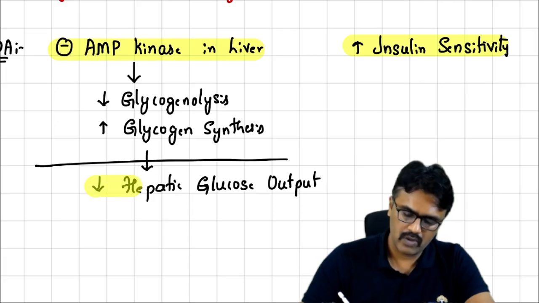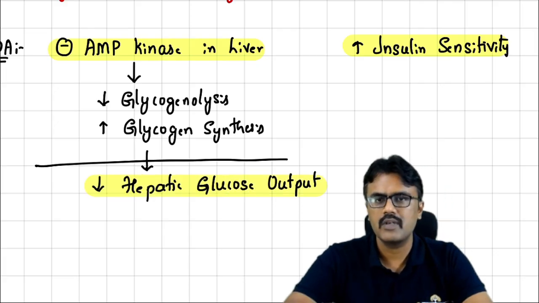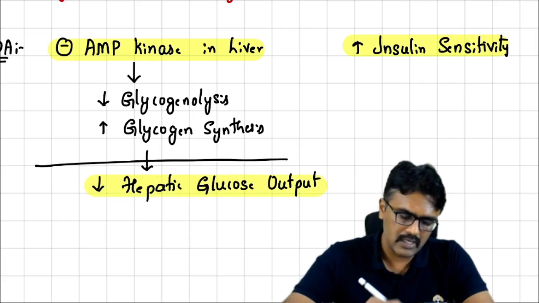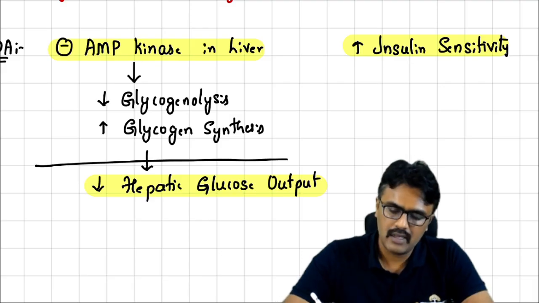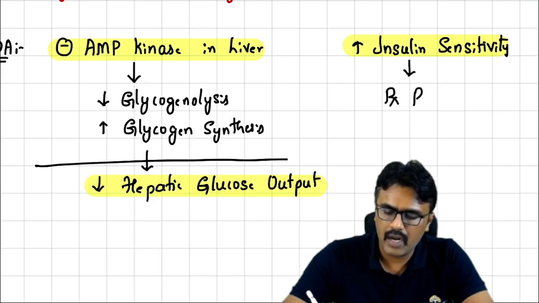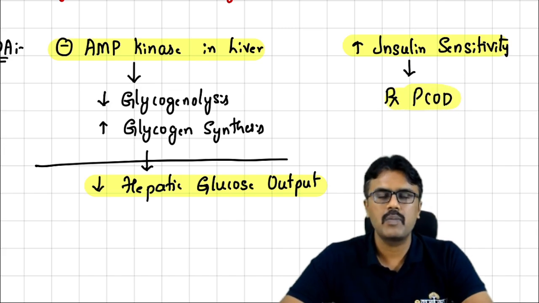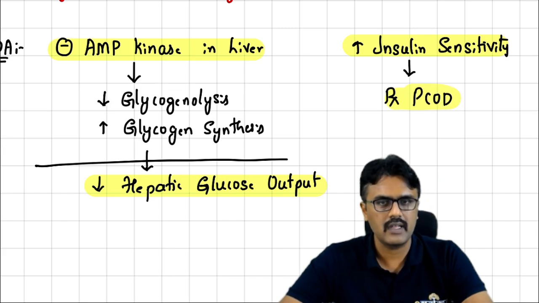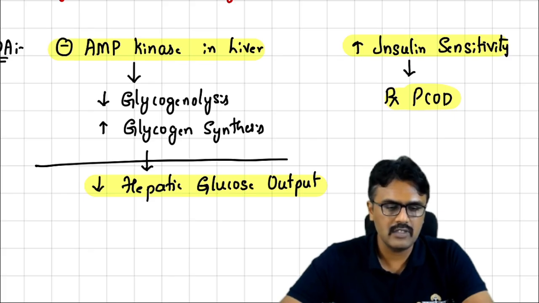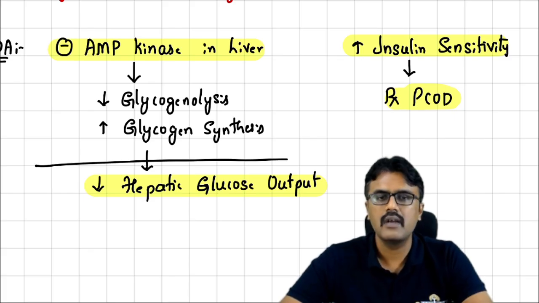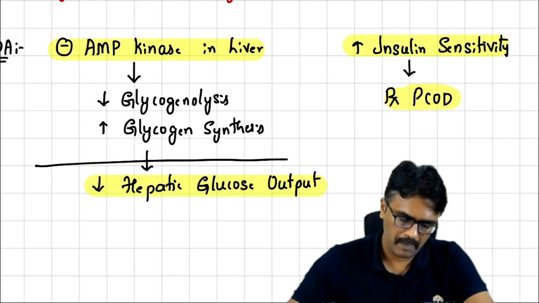And also it increases insulin sensitivity, and that's the reason this drug is used in the treatment of PCOD also. What happens in polycystic ovarian disease? There is insulin resistance, obesity, all these things. So it increases insulin sensitivity, and we use it in treating PCOD.